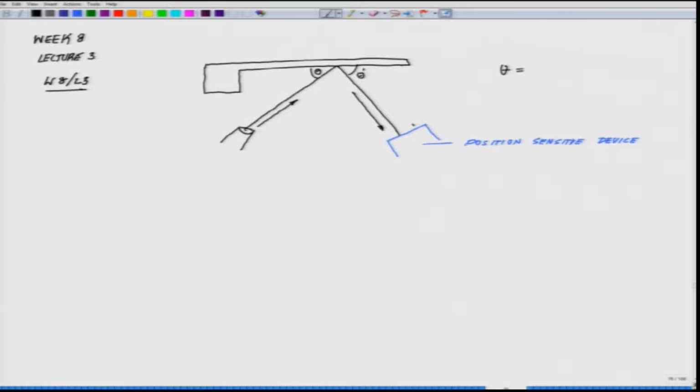If theta is equal to theta prime, it means this cantilever is not moving, or at that particular instant it was at the baseline. So, this is your baseline. Now you have a position sensitive device which will tell you what is the bend, and this is your laser source.